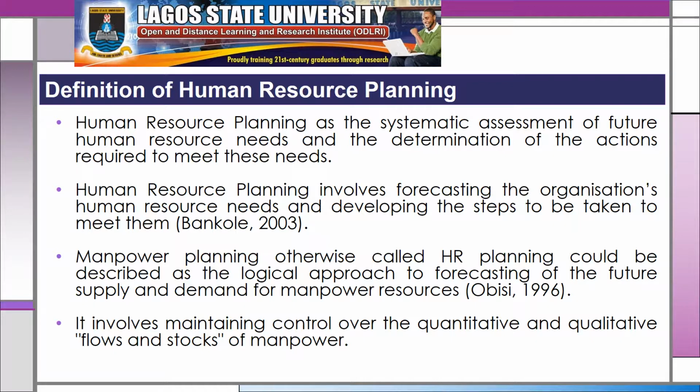Therefore, for an organization to achieve that, you have to forecast the number of people you need to work with you, the number of people you need on a particular project, so that the organization will be able to achieve its predetermined goal.